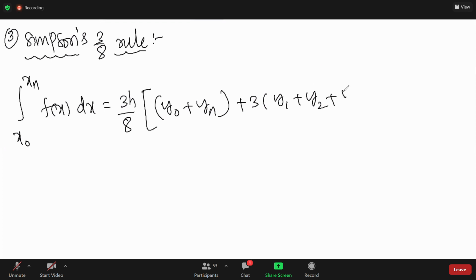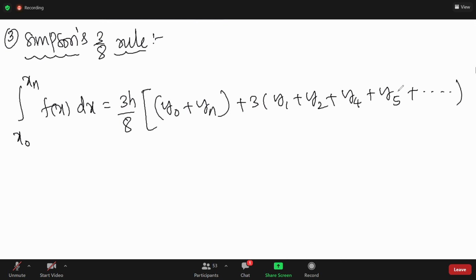Next, y4 plus y5. Now what are the next two terms? Y1 plus y2, leave y3, y4 plus y5, leave y6.